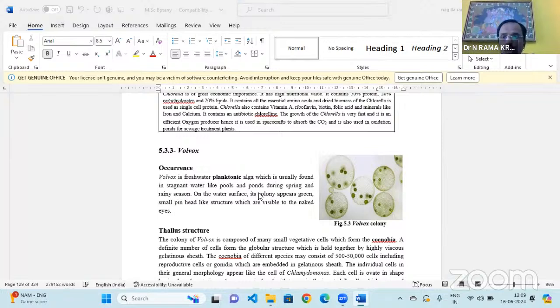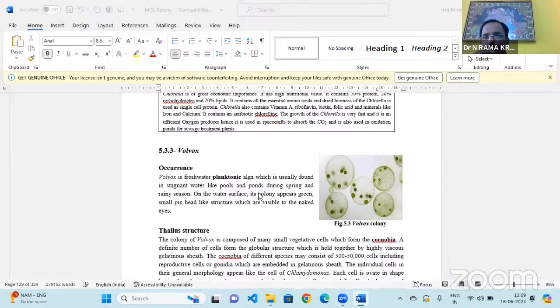This is a brief description of chlorophytic algae. Now we discuss our syllabus topic, Chlamydomonas. Class Chlorophyceae, order Volvocales, family Chlamydomonadaceae, genus Chlamydomonas.